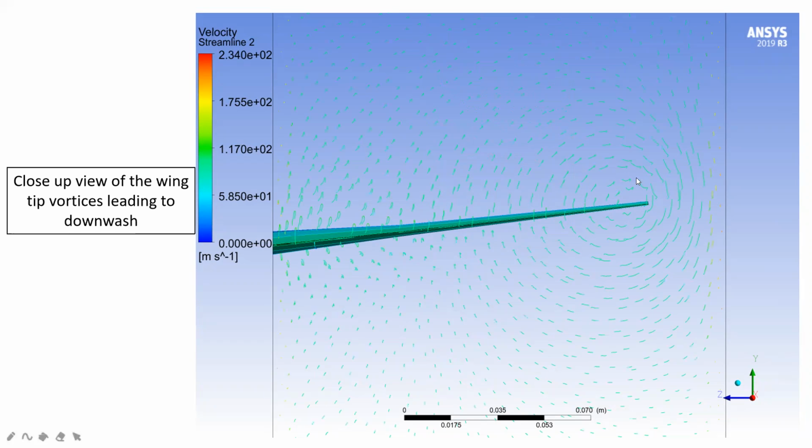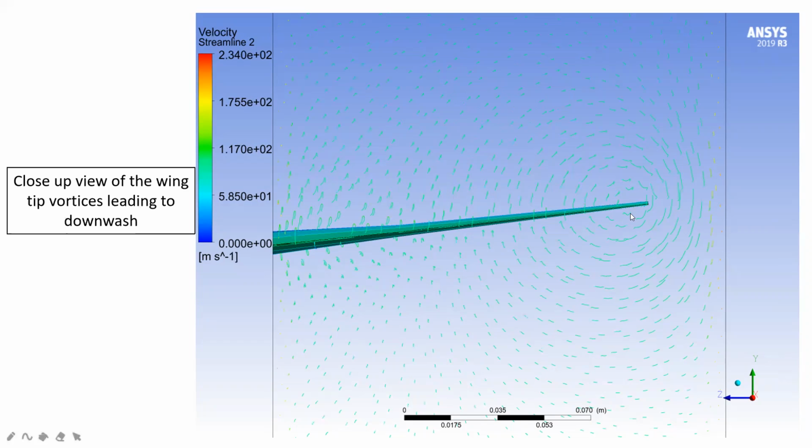The streamlines are turning as if there is some force turning them, and this is known as wingtip vortices. So what you are seeing is wingtip vortices changing the streamlines, and this is the downwash of the wing. This is the downwash created by the wing, and because there is no winglet here, the downwash is very high.